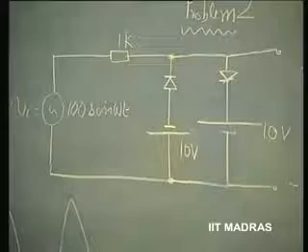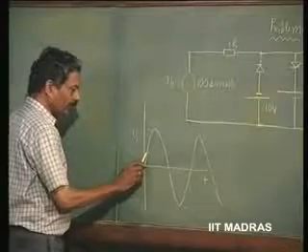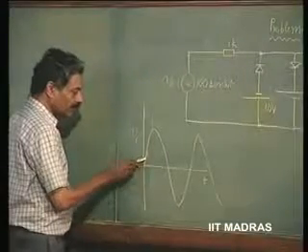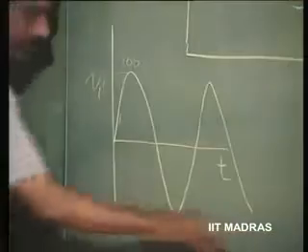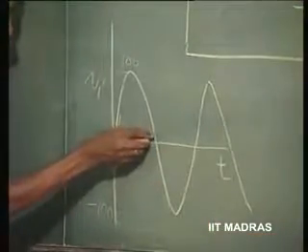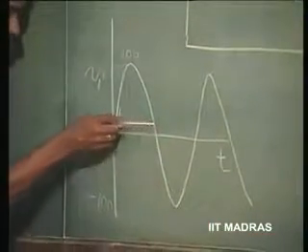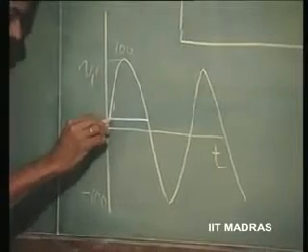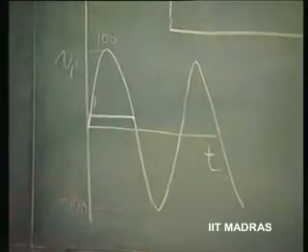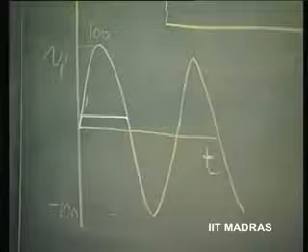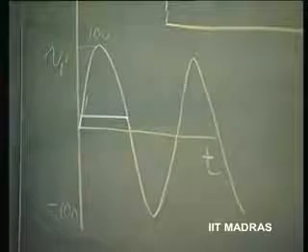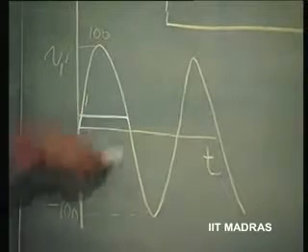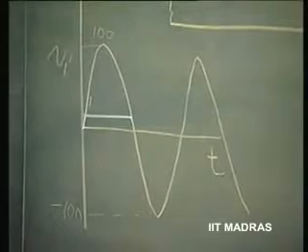So, you will see that the voltage will go up to 10 volts in this direction and get chopped off at this point. Let us say this is the 10 volts point. So, in this direction you have almost something that looks like a square wave, except for these regions where the voltage is less than 10 volts.